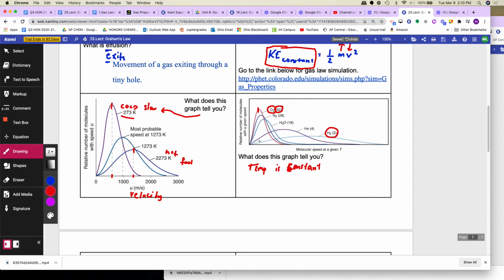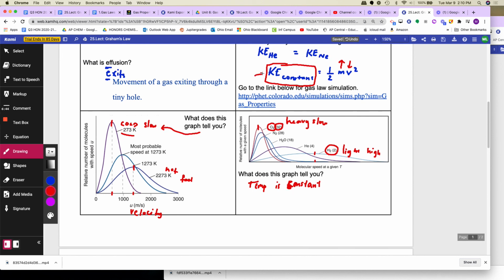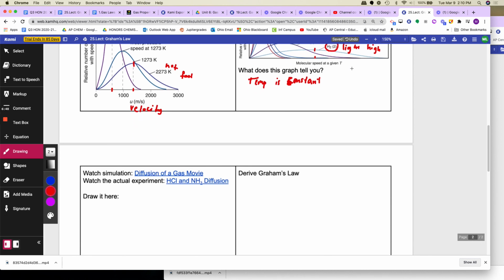What can you say about oxygen? Oxygen is very heavy, therefore it is very slow. Here, hydrogen is very light. That's why its speed is very high. And even though they're in the same container, as one goes up, the other has to go down. As mass goes up, the velocity has to go down.